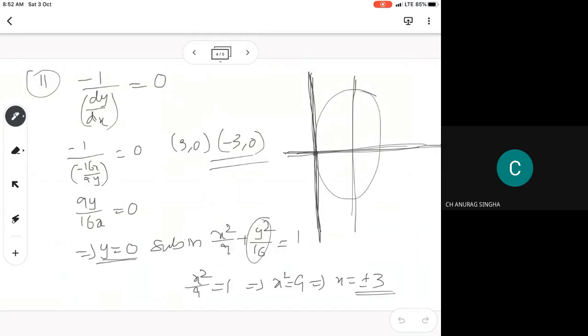And coming to the 14th problem: find the equation of the tangent and the normal to the given curve at the indicated points. It is not very difficult for you to do. The equation of y is given, so first you have to find dy by dx, and then its value at the point (0, 5).